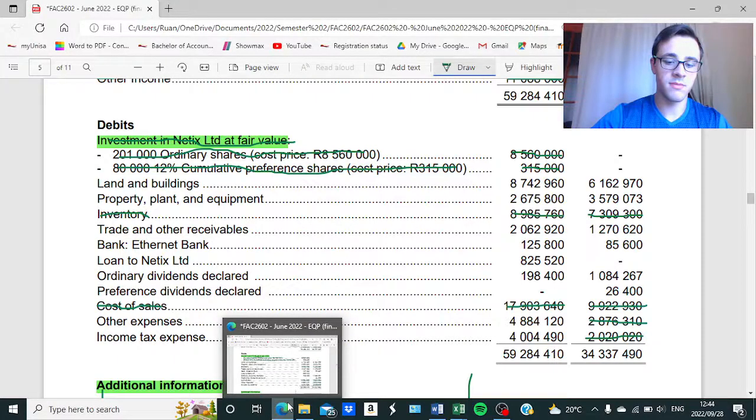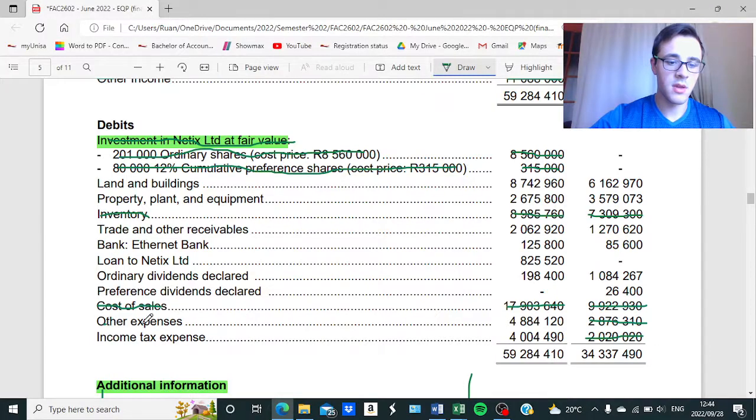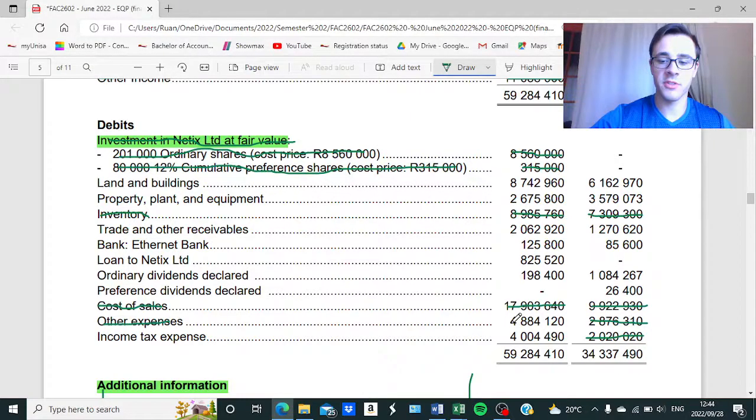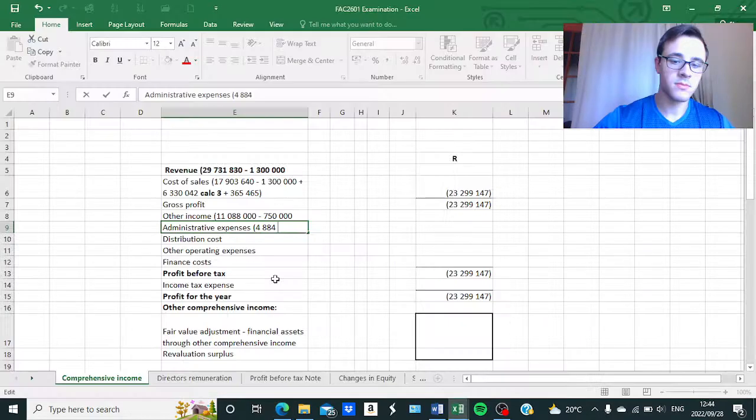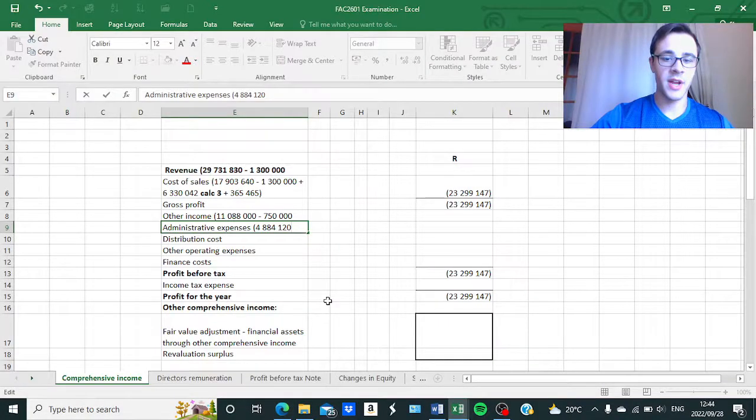So for administrative expenses, you will start with the parent's amount, which is 4,884,120. Okay, so 4,884,120, and then we eliminate the intra-group lease payments made.